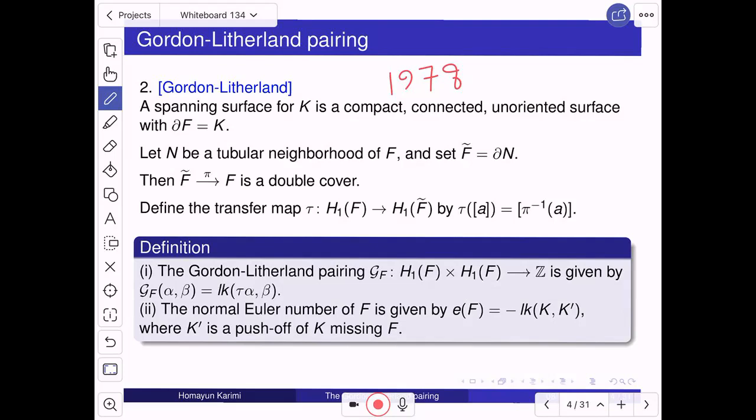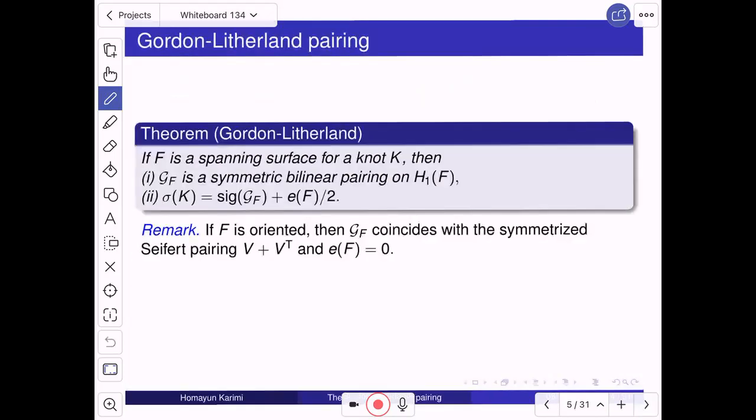Now with these 2 things in hand, Gordon and Litherland proved that for any spanning surface F for a knot K, G sub F is a symmetric bilinear pairing. If you take the signature of that pairing and add this correction term, e of F, which was minus the linking number of K with K prime, divided by 2, that is exactly the signature of the knot.